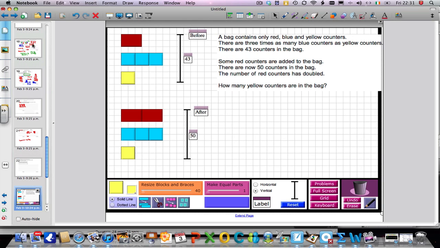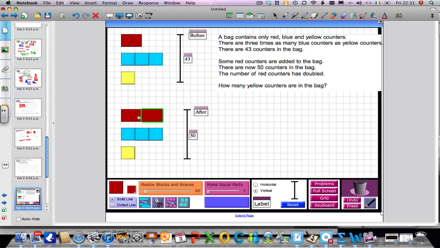Now I've put together a little model so that you can actually visualize what's going on. So we had a certain number of red counters, we had blue counters and yellow counters. There were 3 times as many blue as yellow, and in total at that time we had 43 counters in the bag. And then it tells us we've had some more reds added to the bag, and that there's now 50 counters. But it also tells us that the number of reds has doubled.